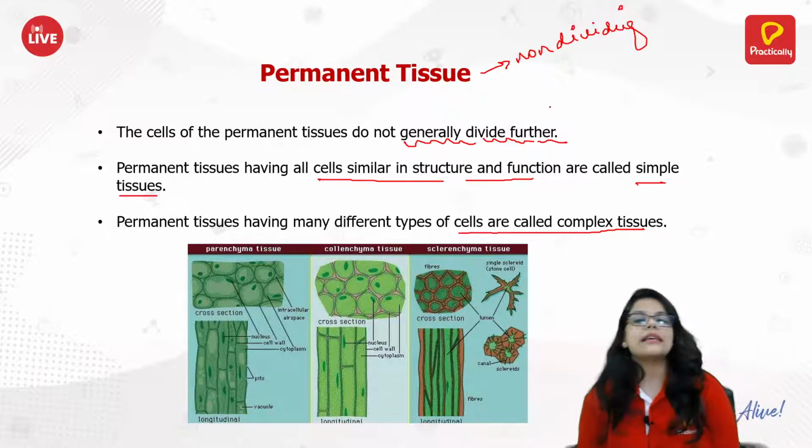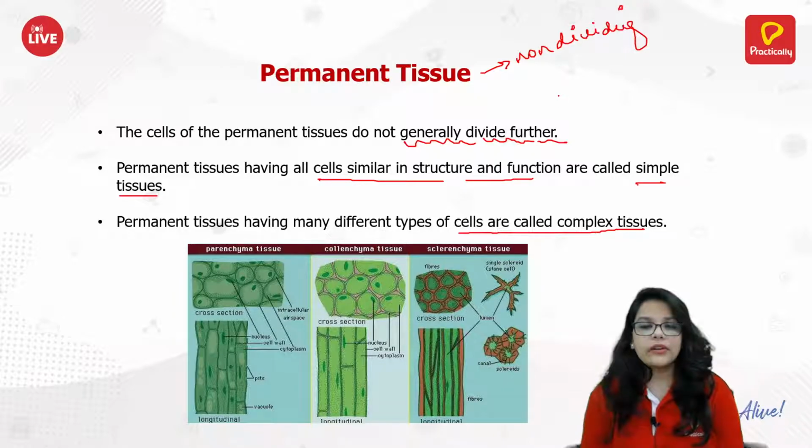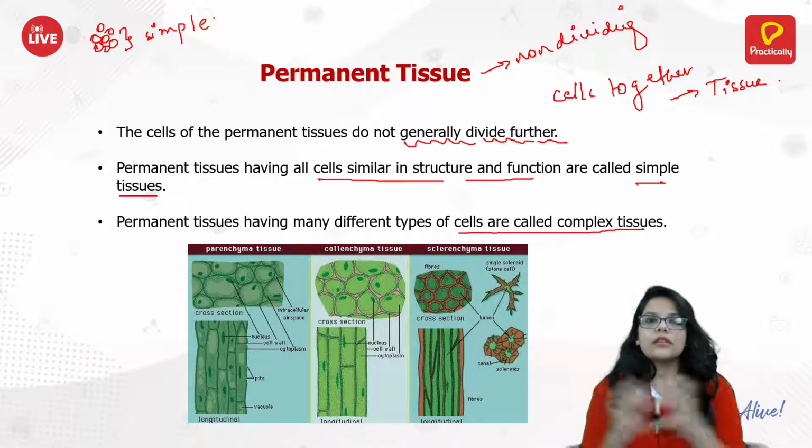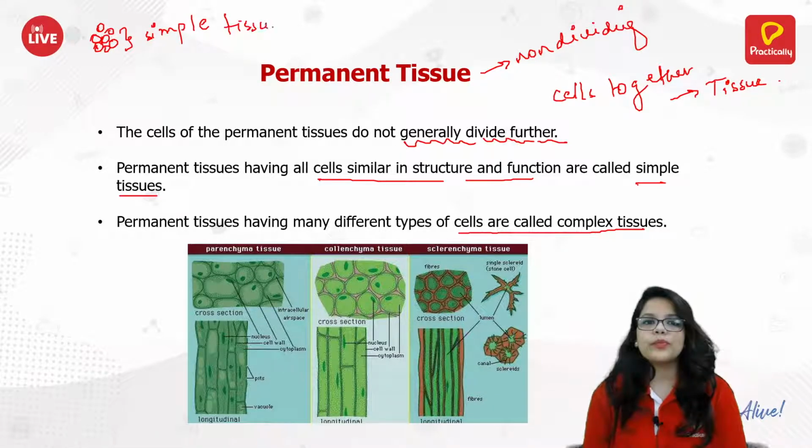So as I said, cells together make tissues. When cells are all similar kind of cells, they are simple. All similar kind of cells aggregating together become simple tissue.